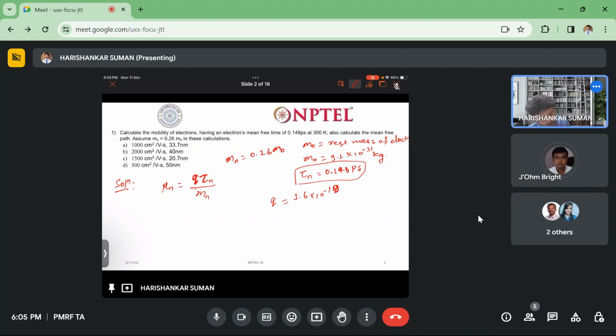So we'll answer A. So this is the first question. Please try to solve this. This is the formula for mobility, and all other parameters are given to you. Please calculate the mobility, also the mean free path.